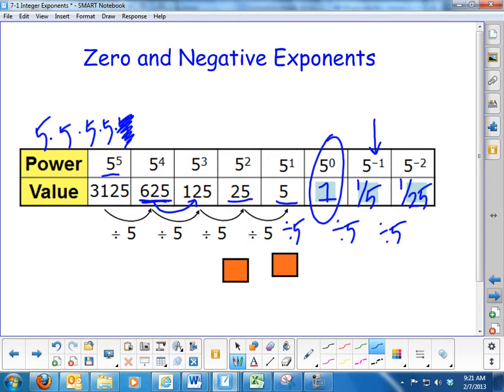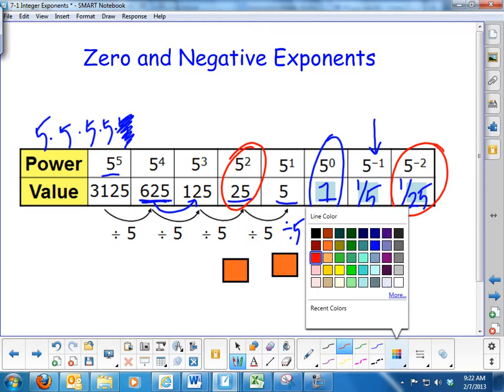Okay, what do you notice? What similarities do you notice here? I notice that my 5 squared and my 5 to the negative 2nd share something in common. My 5 squared is just 25, whereas my 5 to the negative 2, I still have that 25, but now it's in the denominator of my fraction.